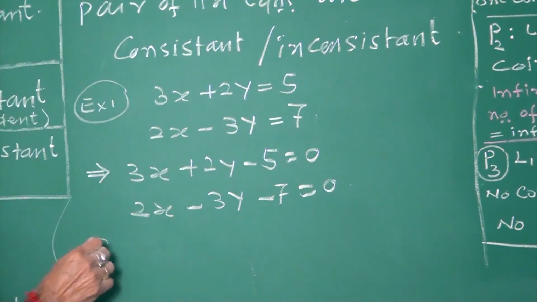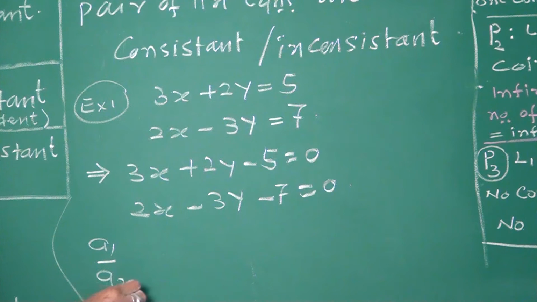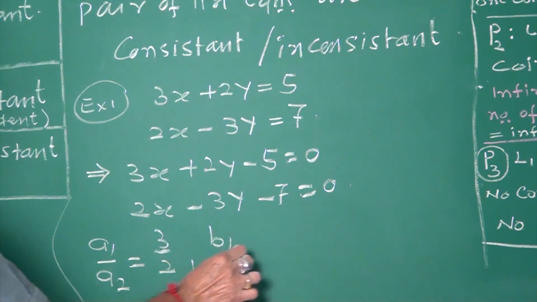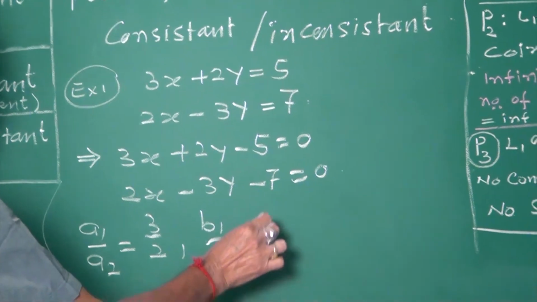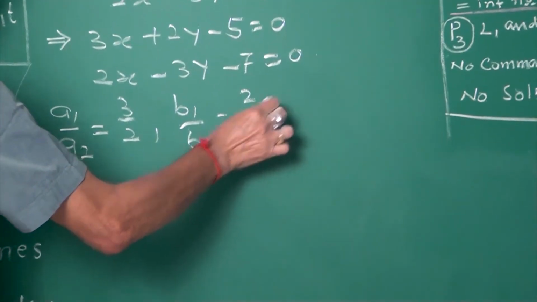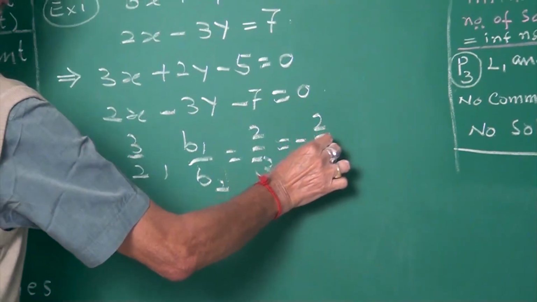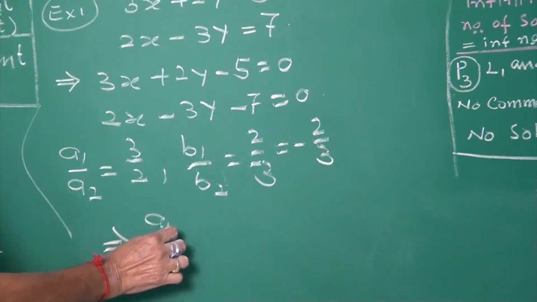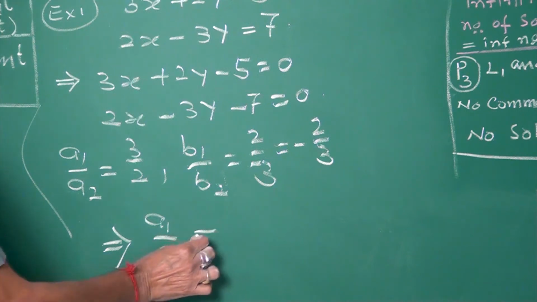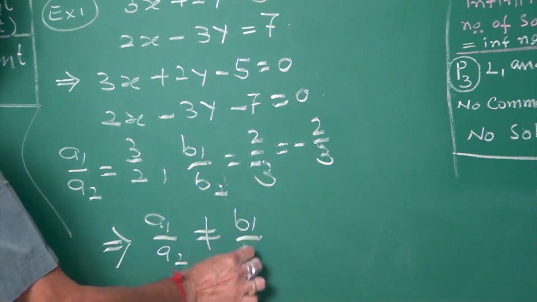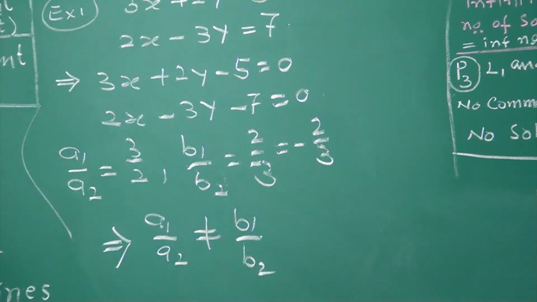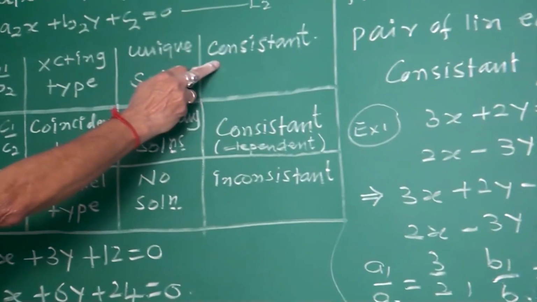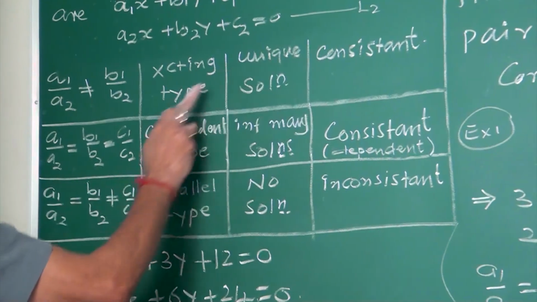Yes, my friends. A1 upon A2, coefficients of x, 3 by 2. B1 upon B2, it is 2 by minus 3, which is minus 2 by 3. What is your observation? A1 upon A2 not equal to B1 upon B2. When A1 upon A2 is not equal to B1 upon B2, in that case the system is consistent.